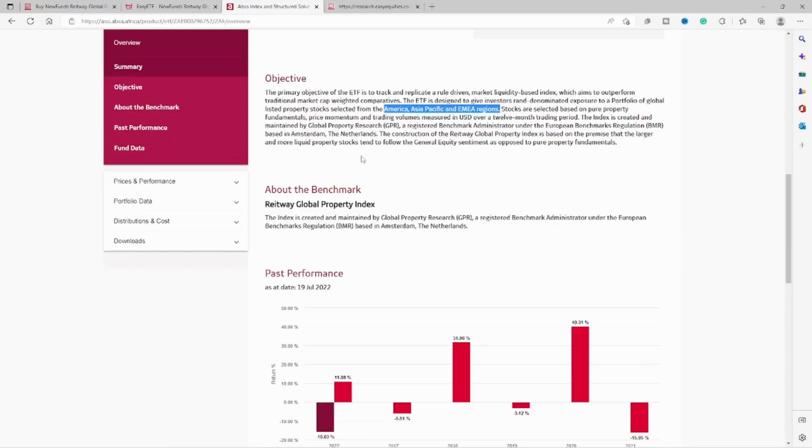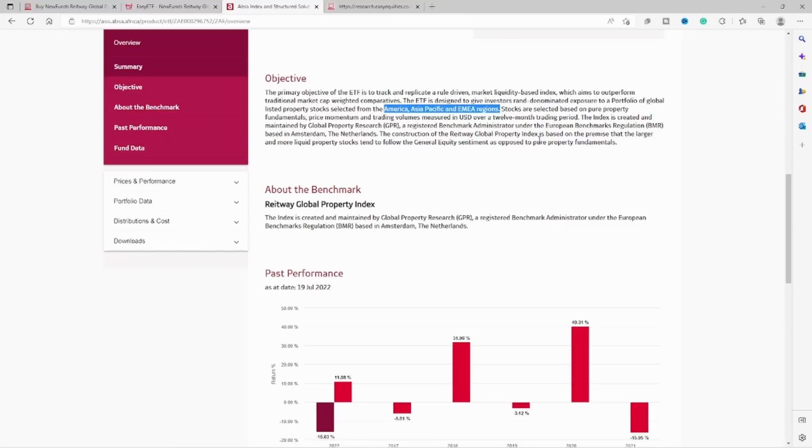Okay. Stocks are selected based on property fundamentals, price momentum, and trading values measured in USD over a 12-month trading period.